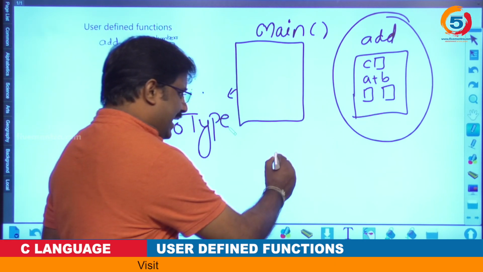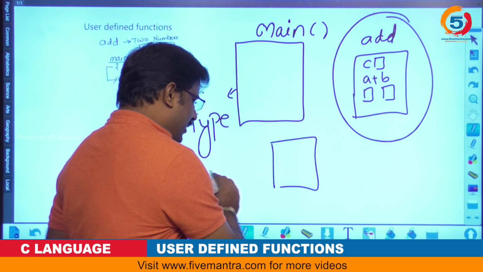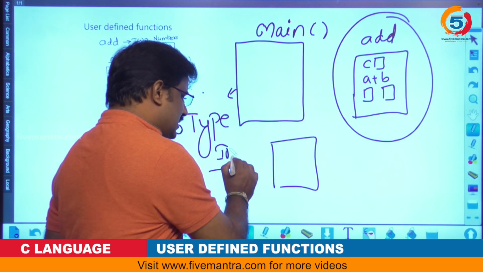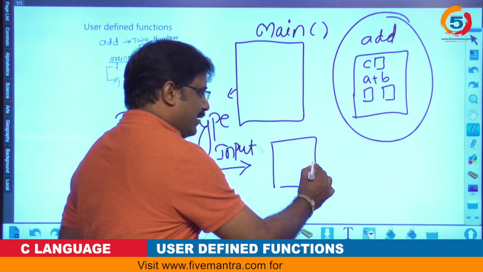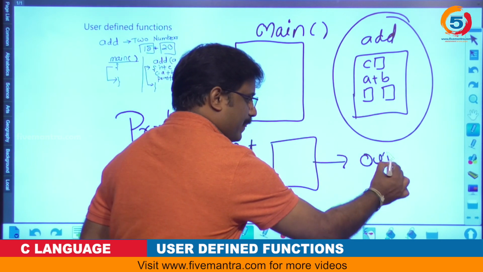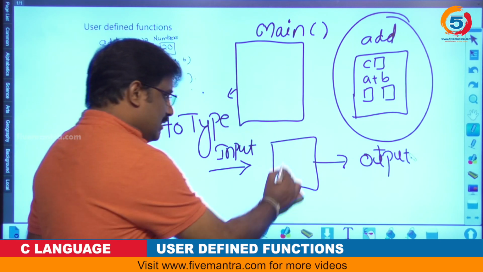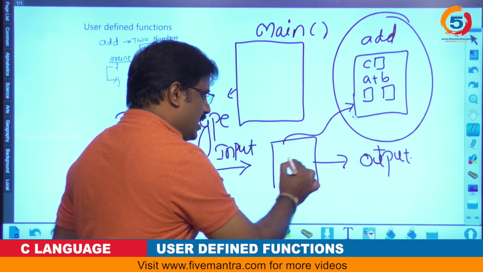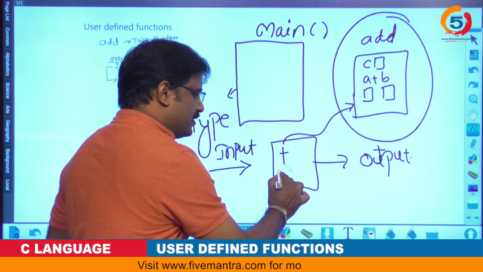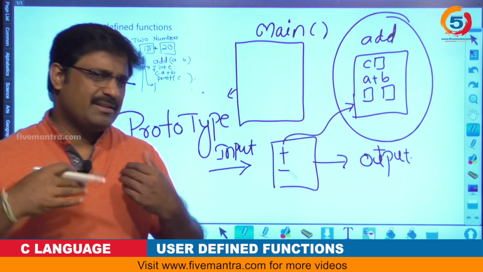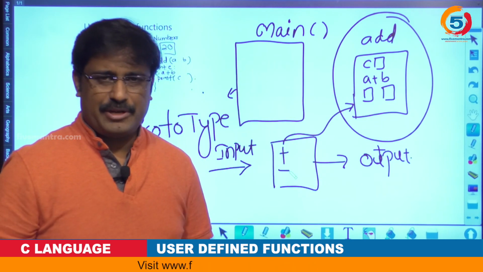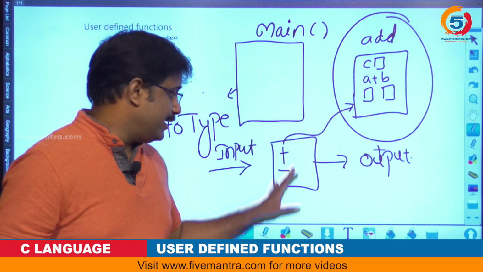Whenever I am doing any task, some input I'll give, and it will give some output. This is nothing but this task. Here I will do the plus operation, minus operation, division operation, or some xyz database operation or file operation, or anything I can do in that.